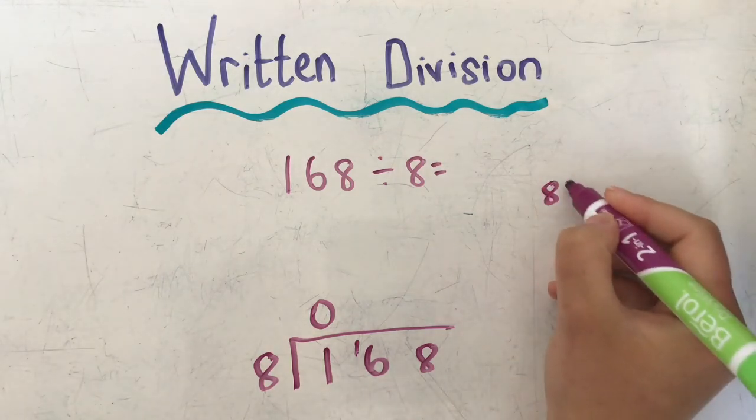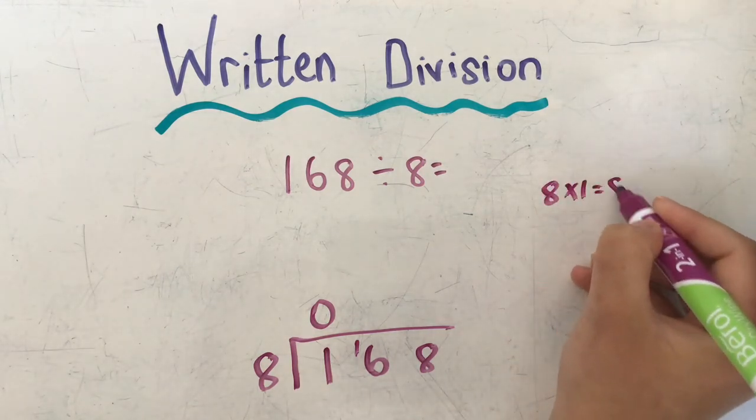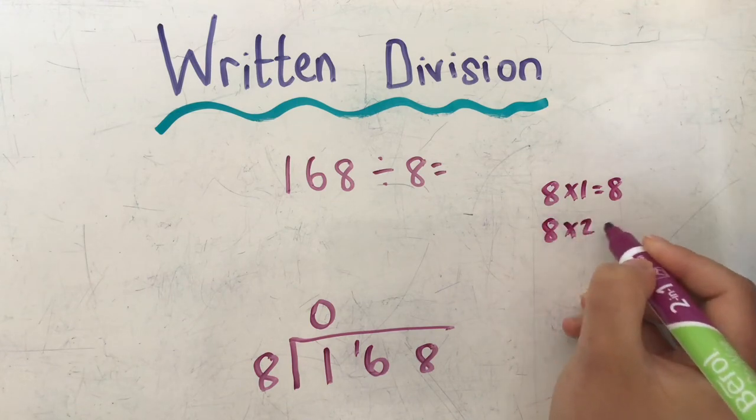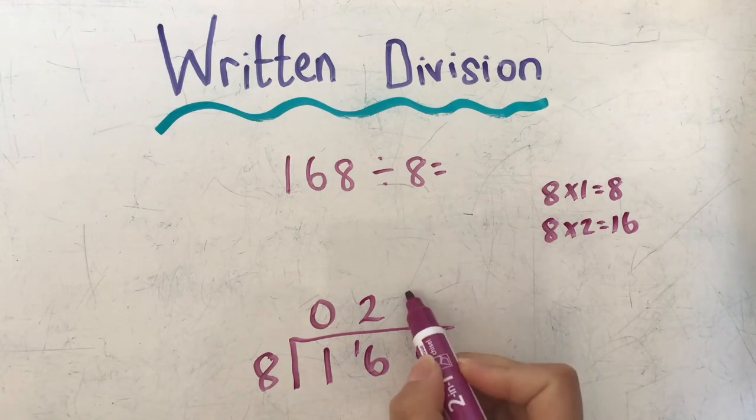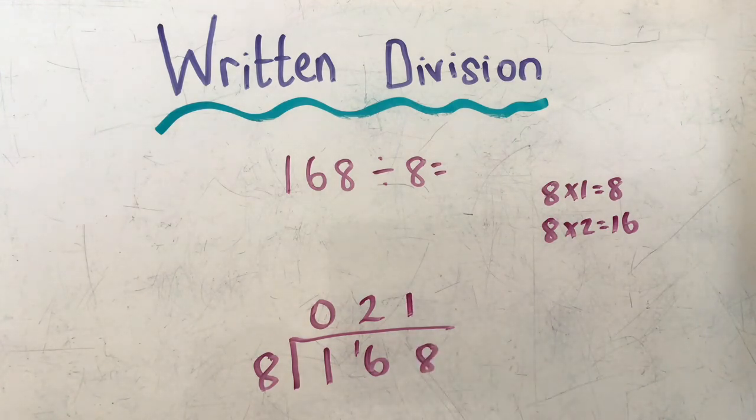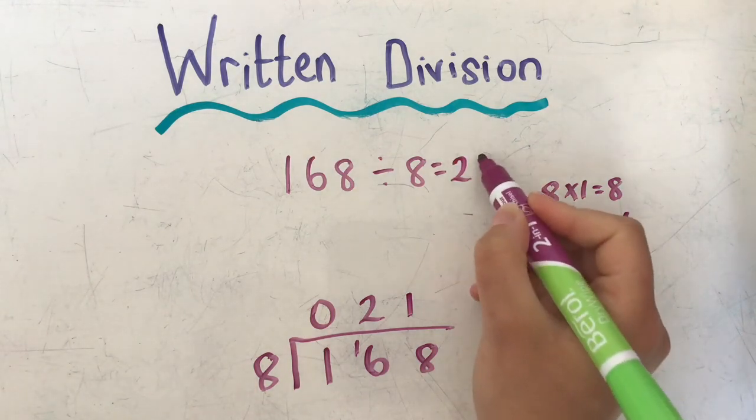Well, we know 8 multiplied by 1 is 8, and 8 multiplied by 2 is 16. So we have to write in 2. In this case, there isn't anything to carry over. So then it's just 8 going into 8 one time. So our answer to 168 divided by 8 is 21.